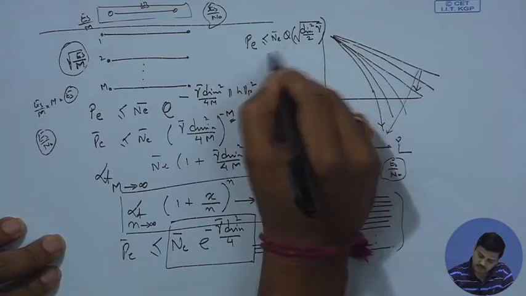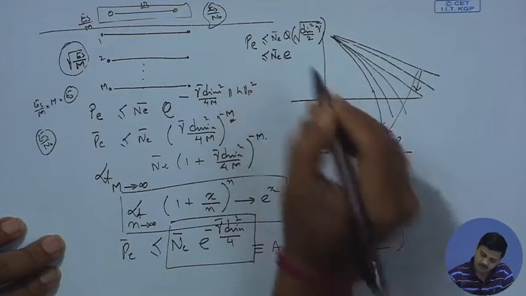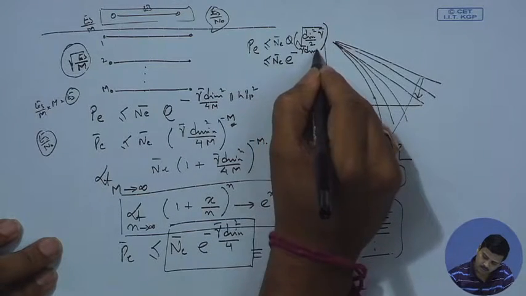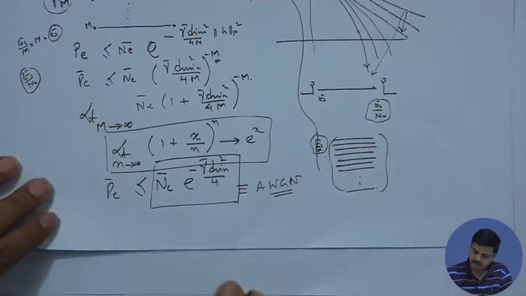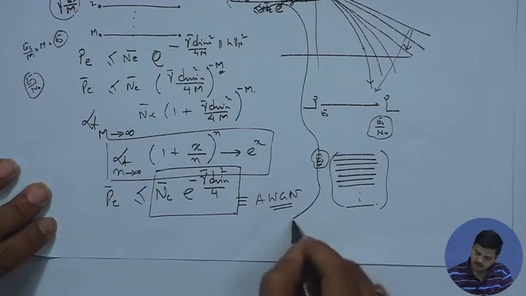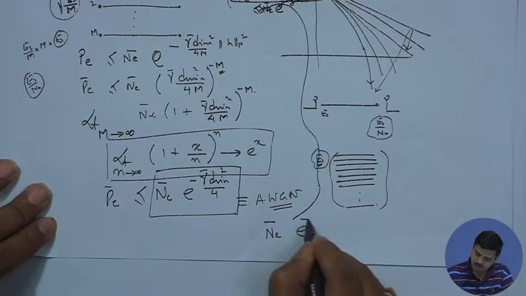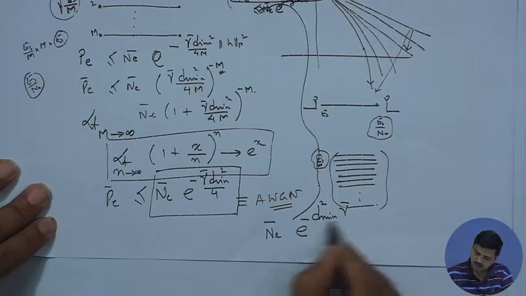If you use the Chernoff bound, this turns out to be Ne bar e to the power of minus d mean squared gamma bar by 2 times 2, which is 4.